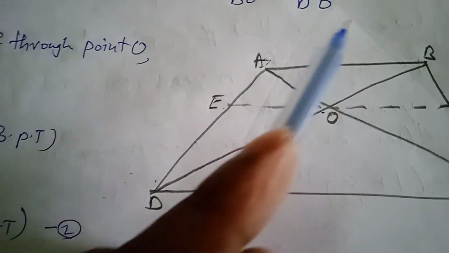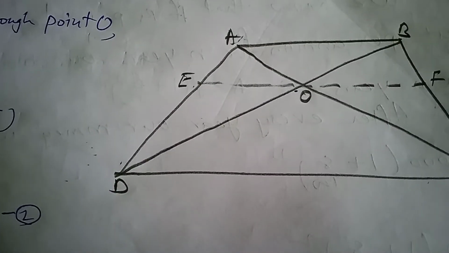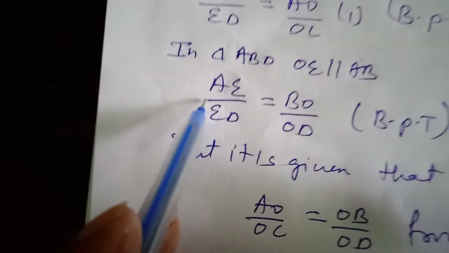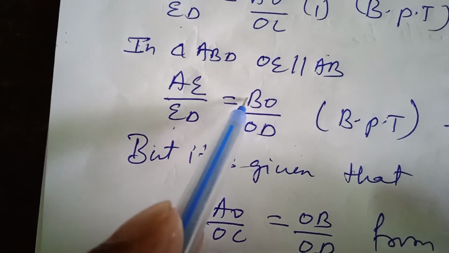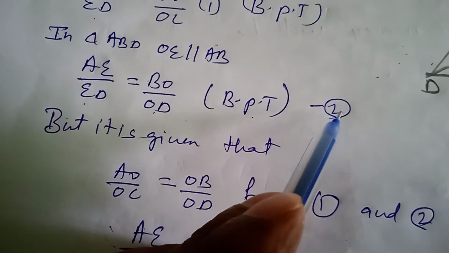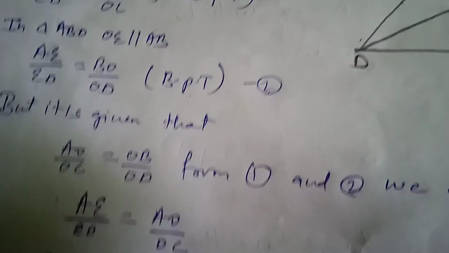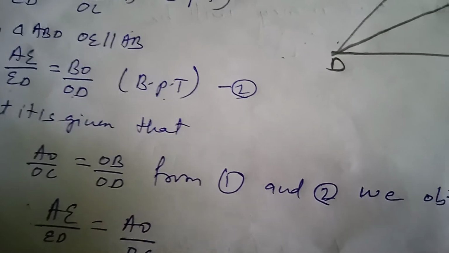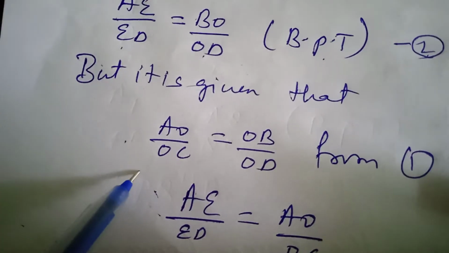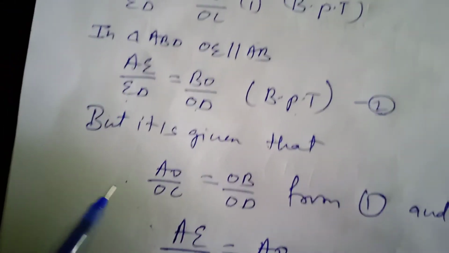When OE is parallel to AB, according to the basic proportionality theorem, we can say AE upon ED is equal to BO upon OD. This condition is point number 2. But in our question it is given that AO upon OC is equal to BO upon OD. How are we getting this? Let us see.